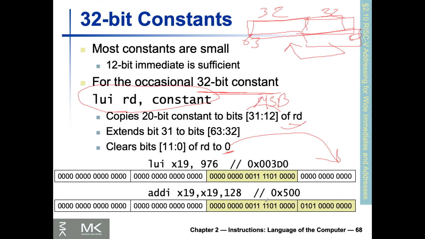No, but by doing the LUI rd, constant, we're going to do that. So we've already done that. After we've done that, we do the addi. And after we do addi, we do another LUI. If we do another LUI to the same register, it's going to clear the bits from 0 to 11.